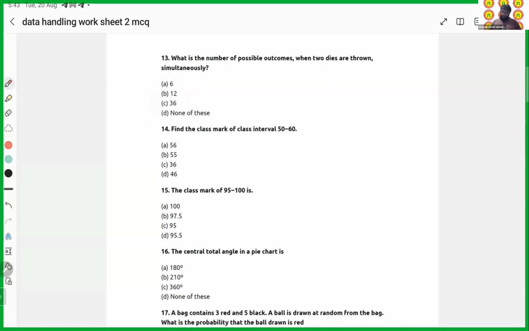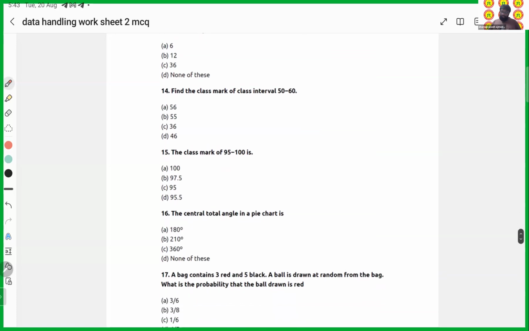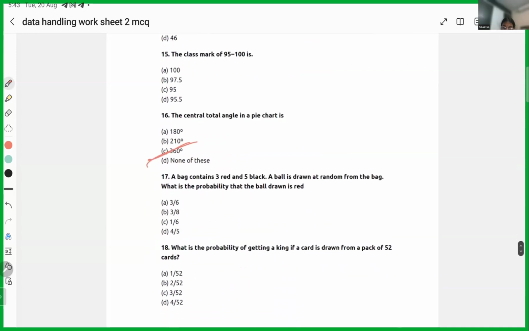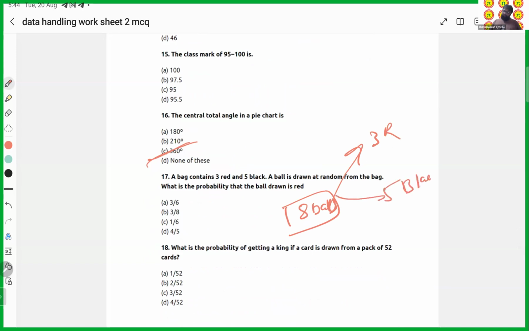Next. The central total angle in a pie chart is 360. Again, a bag contains 3 red and 5 black balls. A ball is drawn at random from the bag. What is the probability that the ball drawn is red? The bag contains 8 balls. In those 8 balls, 3 are red and 5 are black.